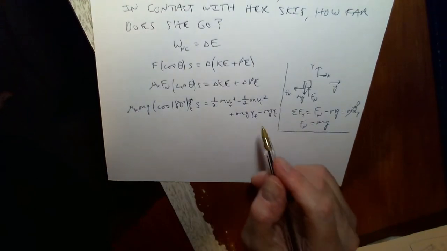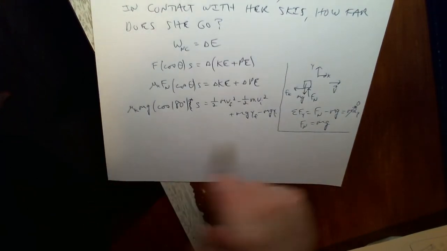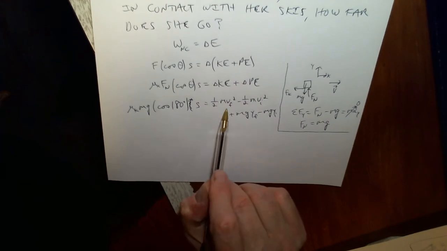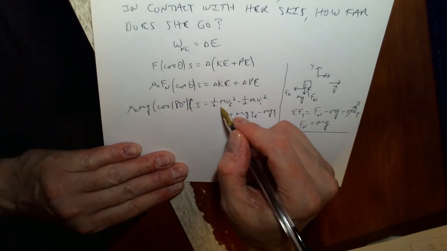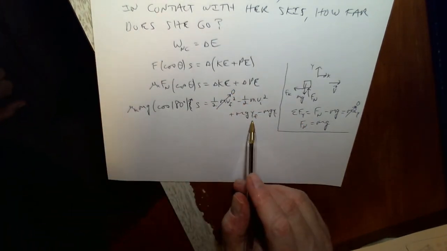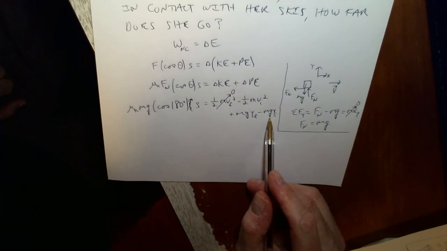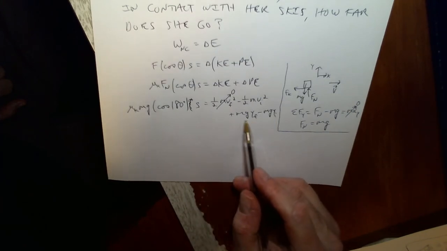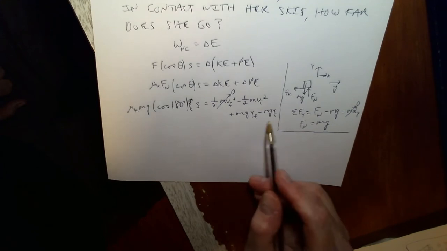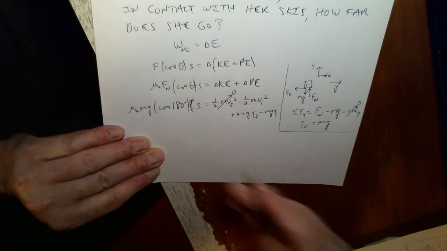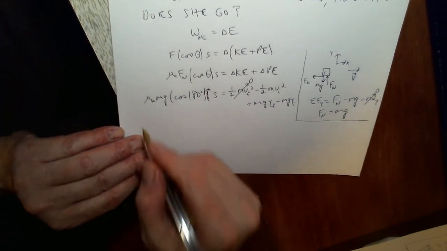And so I look at this, I ask, is anything 0? Well, v final is 0, right? Because she moves until she stops, and so the final velocity is 0. The height isn't changing, so y final equals y initial. So these two are the same, right? mgy final equals mgy initial, or I'll factor it out and make it nice.